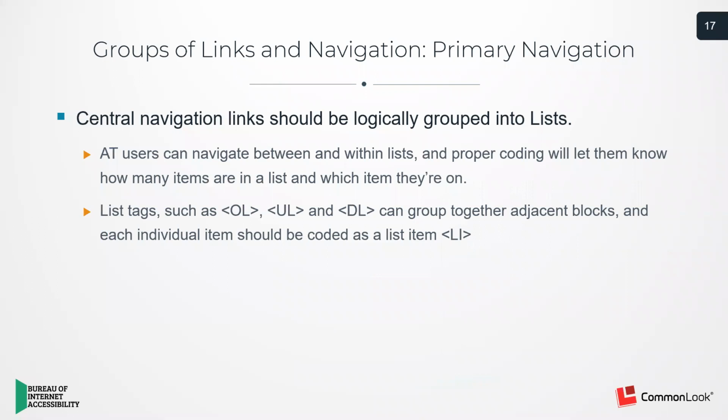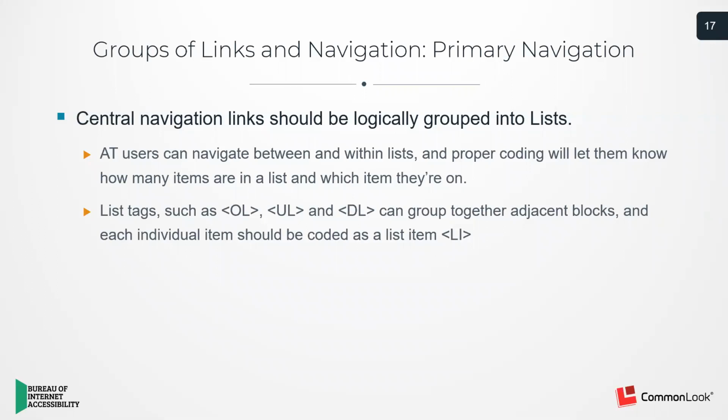Groups of links and navigation. This mainly affects primary navigation, but primary navigation, when you have lists of links, really should be grouped together, particularly if they would otherwise be adjacent to each other. Groups are very important because they offer accessibility by design, because a group of links allows assistive technology to announce the link and its position amongst other items in the list.